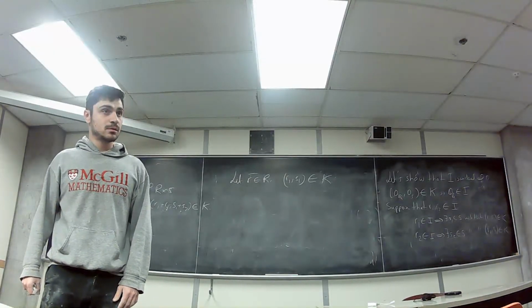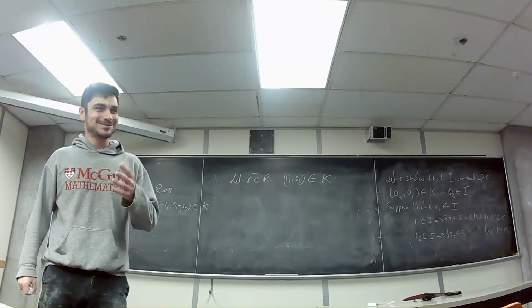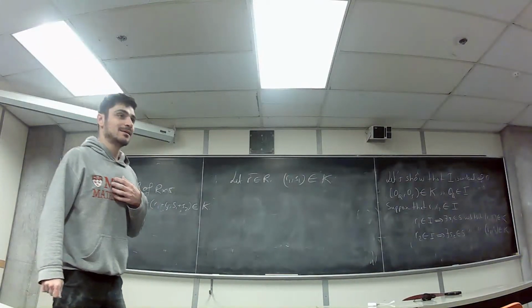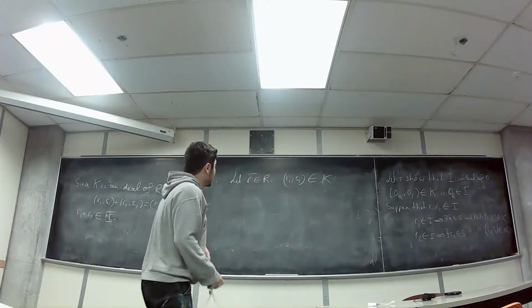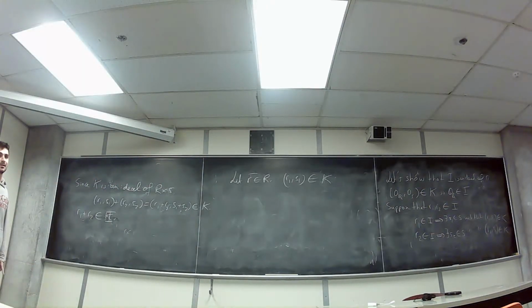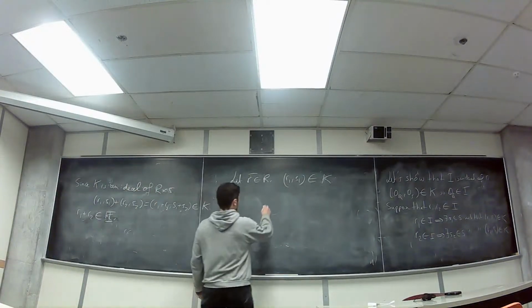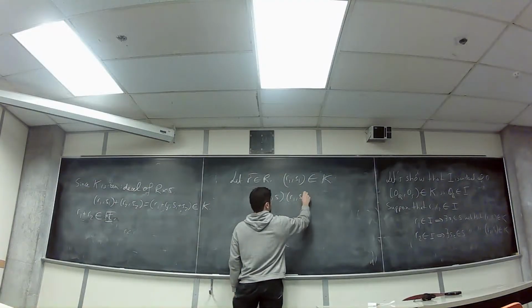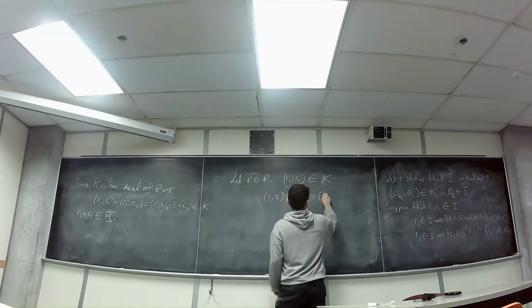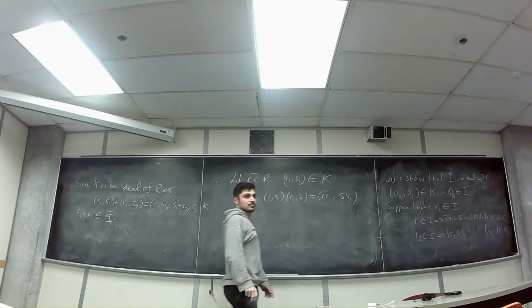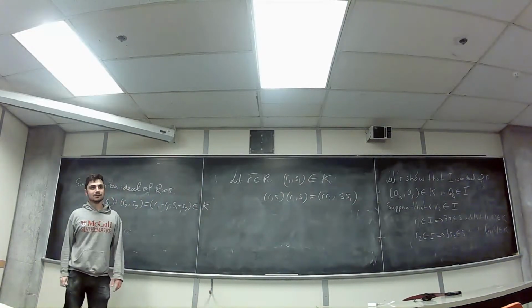If you take RS, it belongs to K since RS times R1 S1, so you get R times R1 S1 belongs to K because it's an ideal.